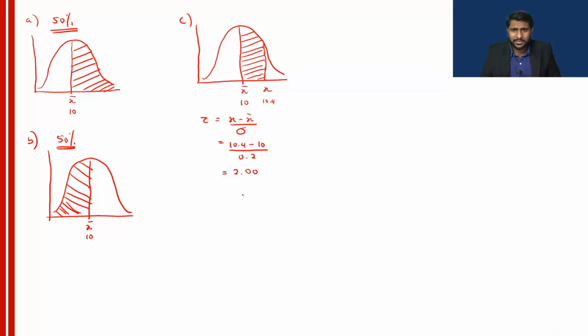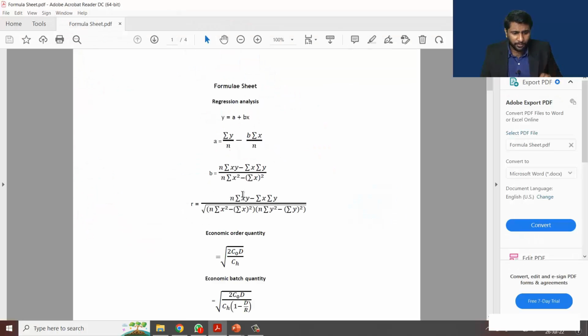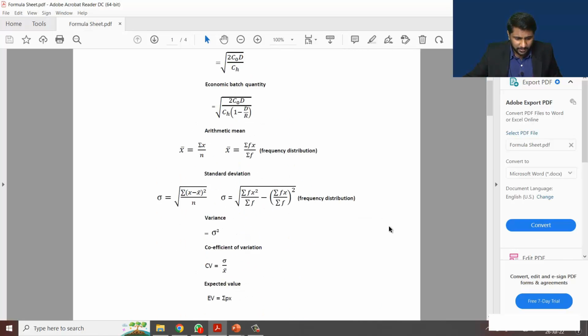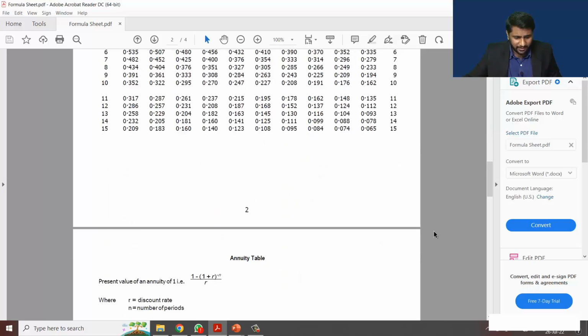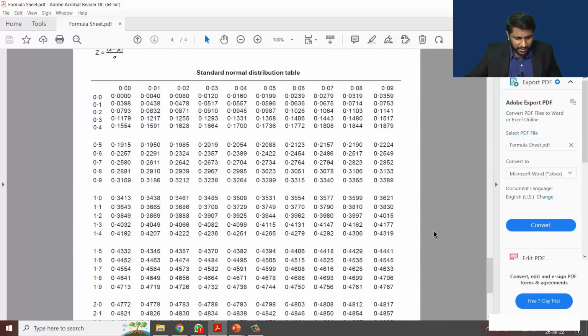Then here we calculated the z-score. Using this z-score, how to find the probability? Listen carefully. You have to go to your formula sheet. In your formula sheet, go to the normal distribution table. It is given in the formula sheet. You can get the formula sheet in your final exam. Standard normal distribution table.